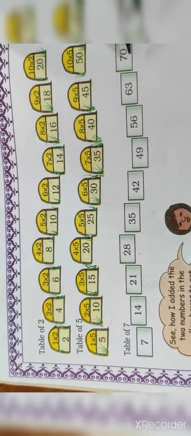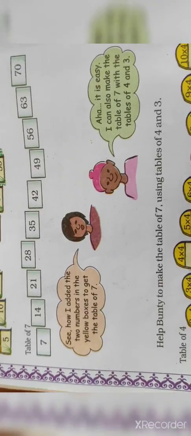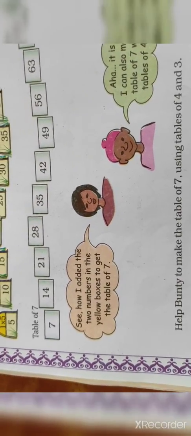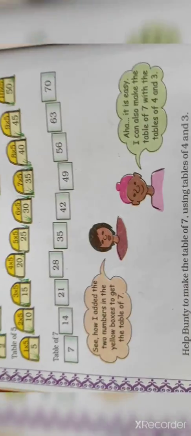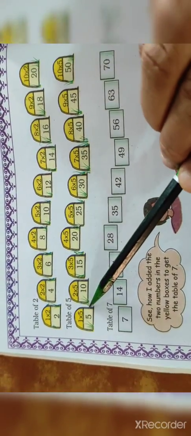Clear? See how I added the 2 numbers in the yellow boxes to get the table of 7.